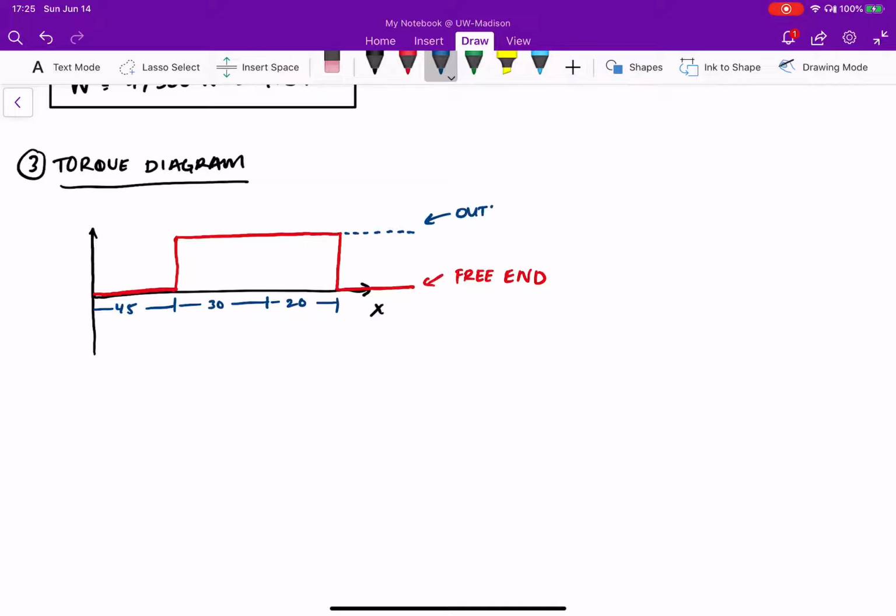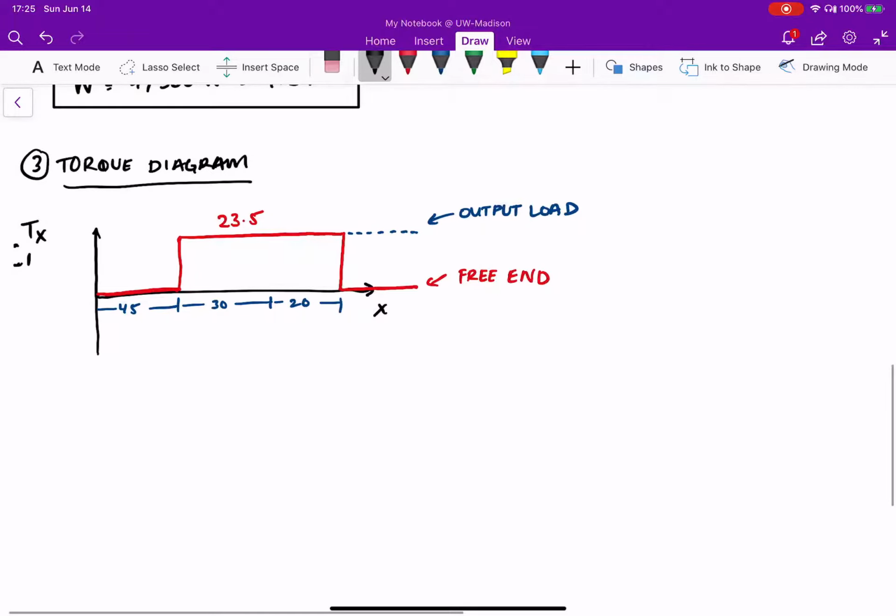So some output load. And this value here is 23.5. And this is your torque about X in Newton meters.